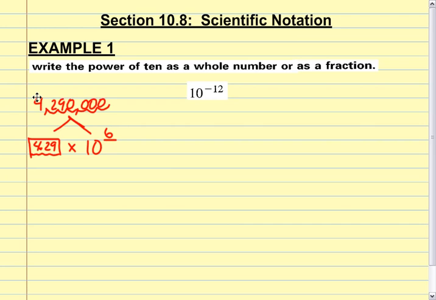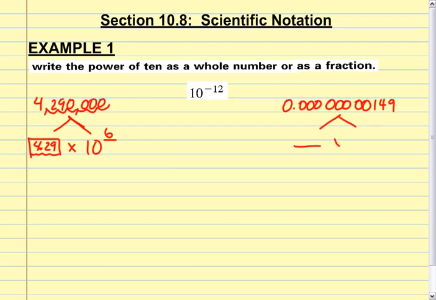Now, if I have a terribly tiny number, wait, let me write this so it's a little easier to see. Okay. I can write this as two things being multiplied together.